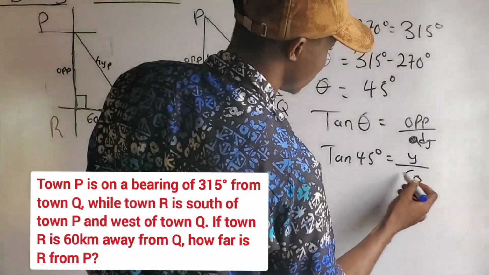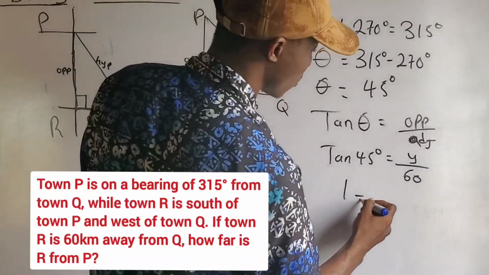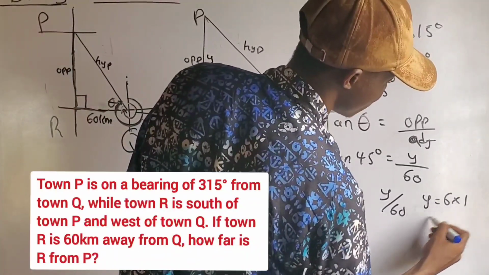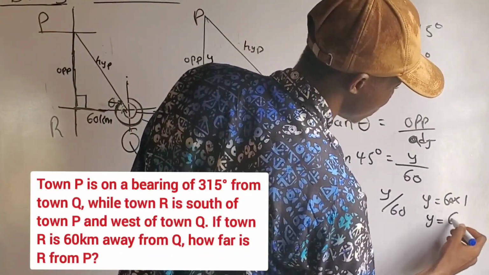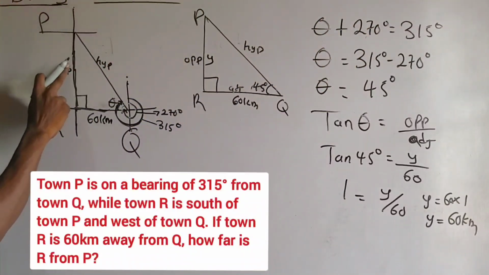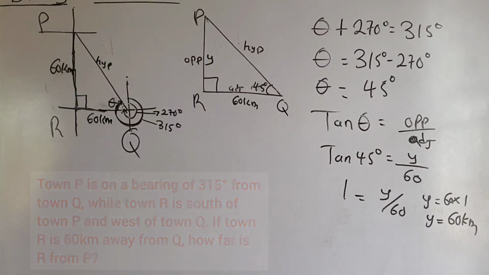So I'm going to have y over 60. Tan 45 degrees is 1, you know, so 1 equals y over 60. So y equals 60 times 1, y equals 60 kilometers. So the distance between town R and P is also 60 kilometers. Do you understand? Okay, so that is the solution to that question.